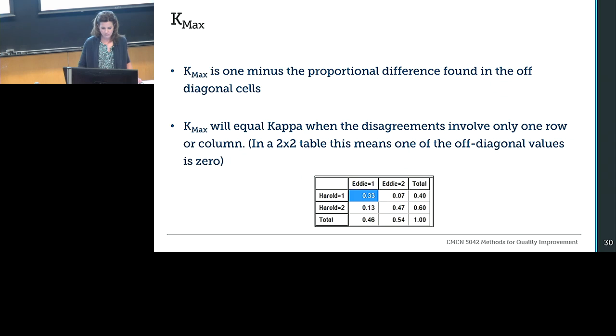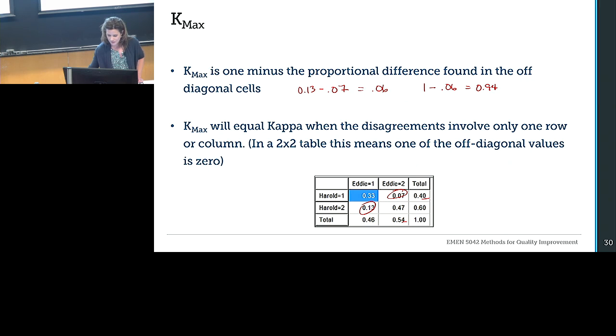I mean, it could be open to interpretation, and especially when you get into visual assessment, it becomes challenging. Okay. So Kappa max also, if you want to do an easy assessment of this, you could just do 1 minus the proportional difference found in the off-diagonal cells. So if I take 0.13 minus 0.07, that's 0.06. 1 minus 0.06 equals 0.94, which is this plus this.